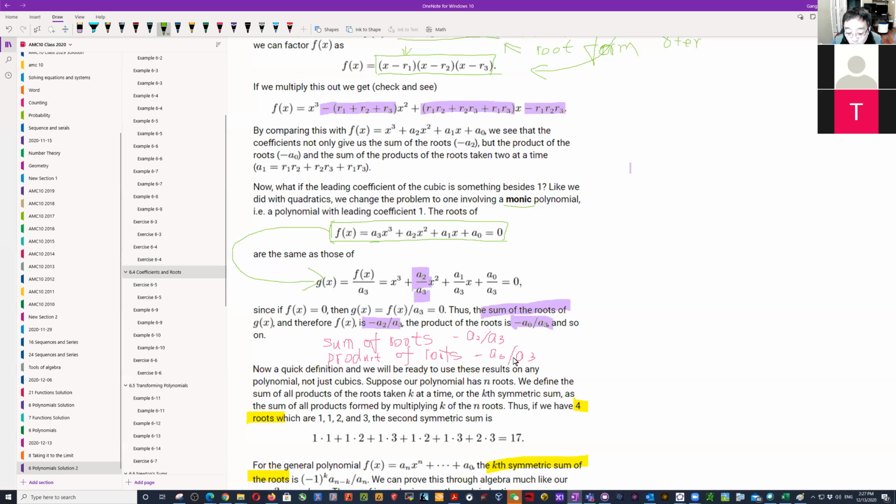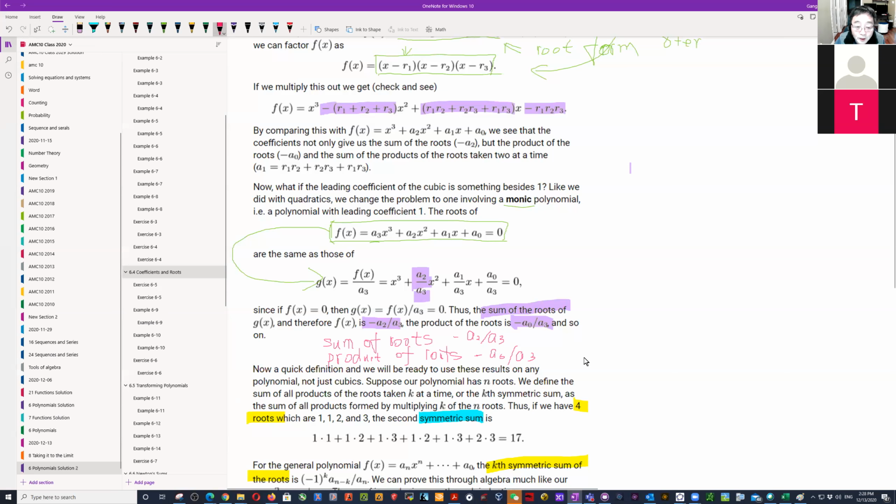And the product of the roots, there's a negative sign here too, is negative a0 divided by a3. So we are going to summarize this, and we're going to introduce a concept called symmetric sum.